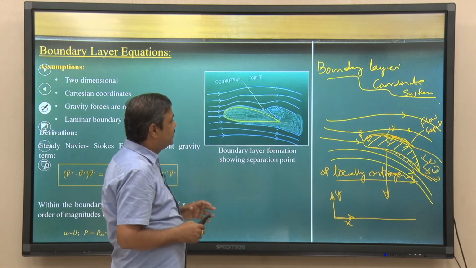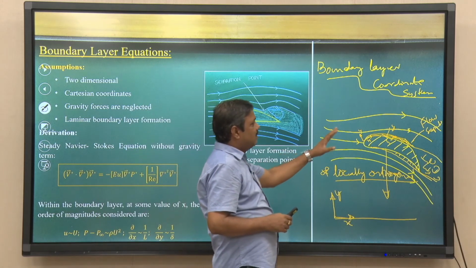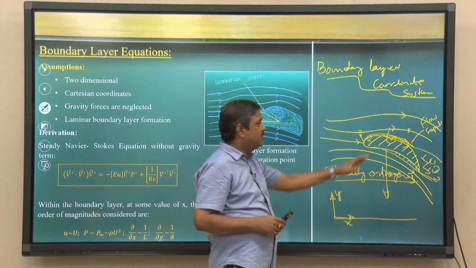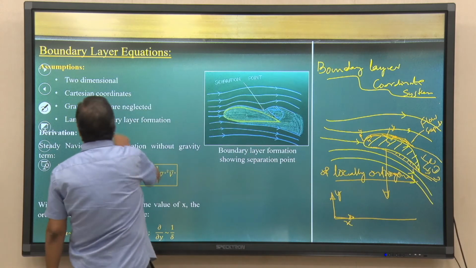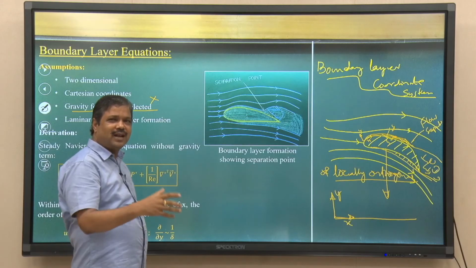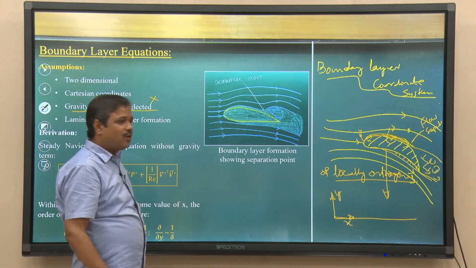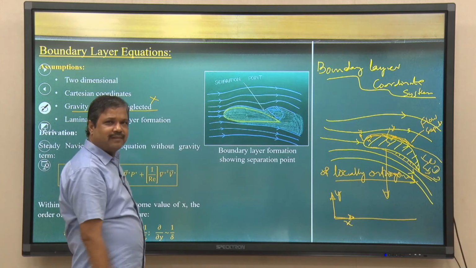Now, in this flow, the gravity force does not dominate. So, we can always neglect the gravity force, because there are no free surface force components. Okay. The inertia force is much larger than the gravity force component, and it acts in the same horizontal plane.